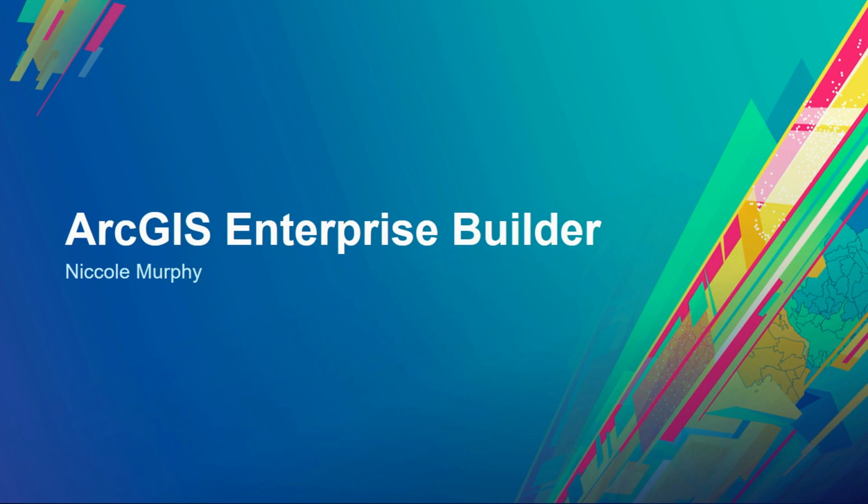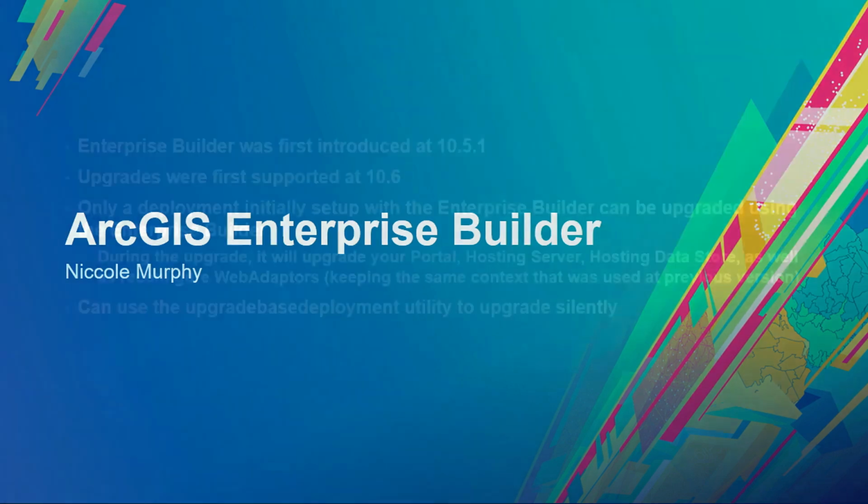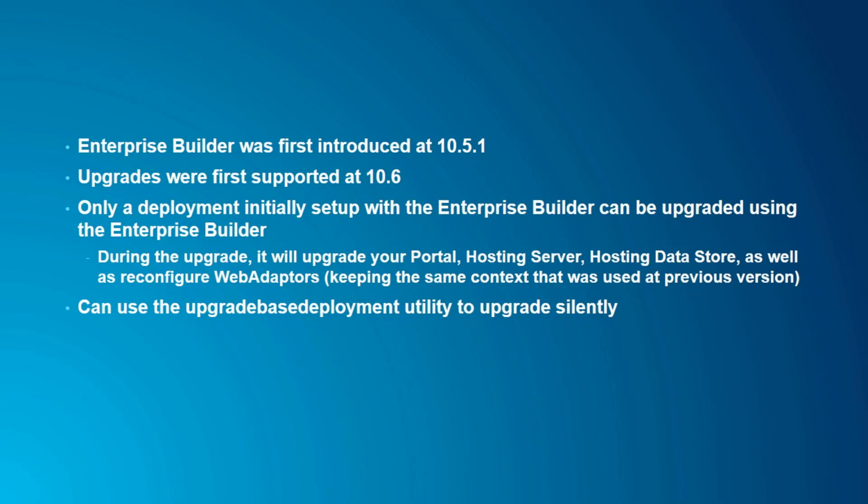Enterprise Builder. So we're going to go over some quick details about upgrading using Enterprise Builder. For those that may not know, Enterprise Builder is something that we introduced at 10.5.1. It's one installer that sets up all the components, your portal, server, your hosting data store, your two web adapters, and configures it for you on one machine.